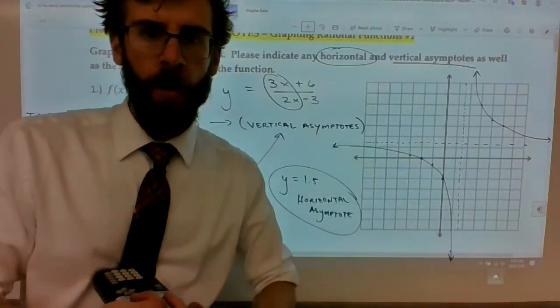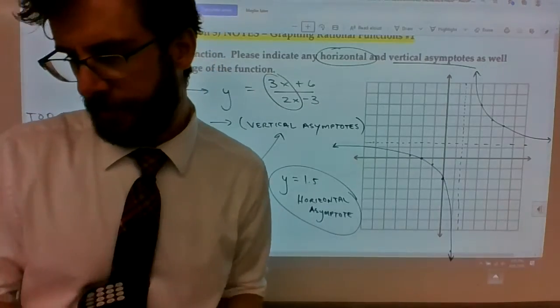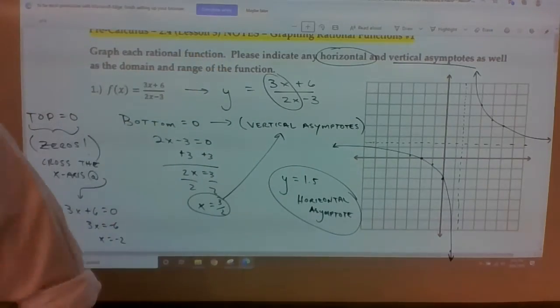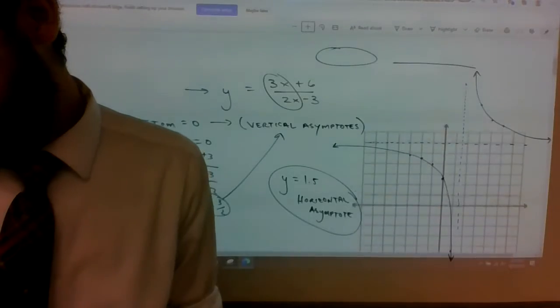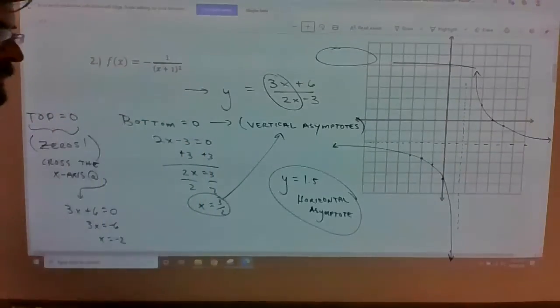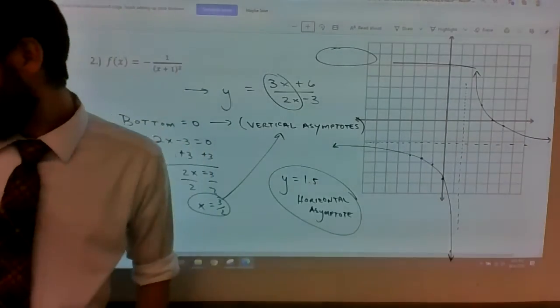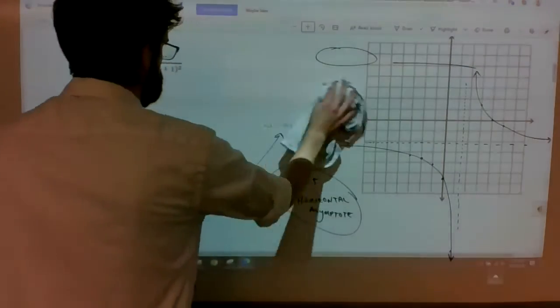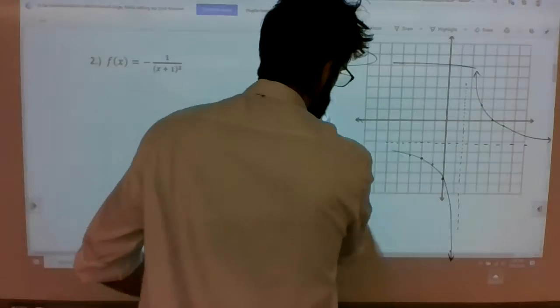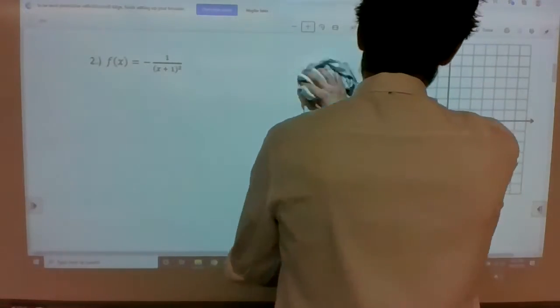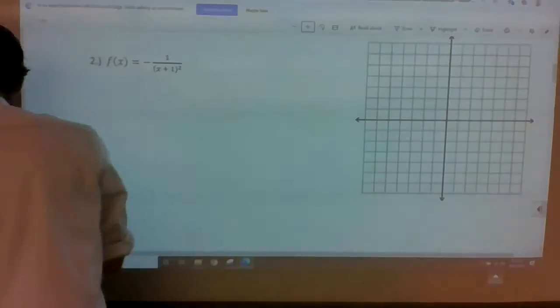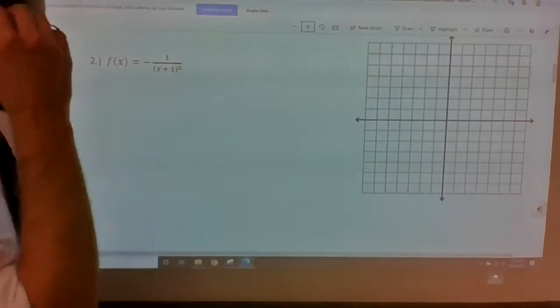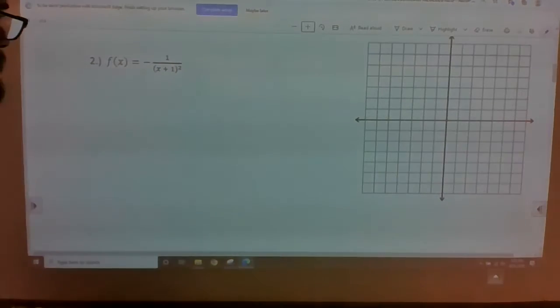Now let's talk about ones that get a little bit trickier. Like number 2. All right, so the asymptotes.